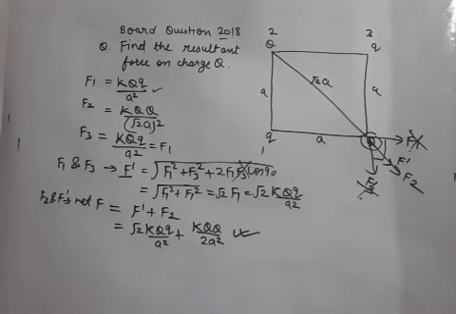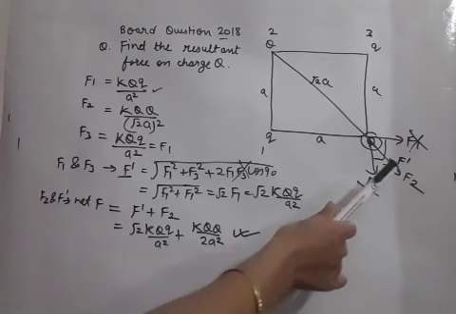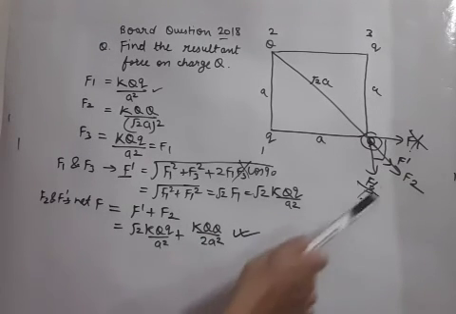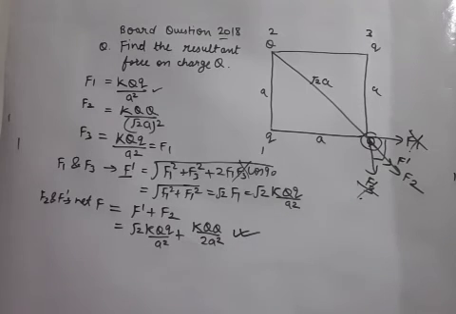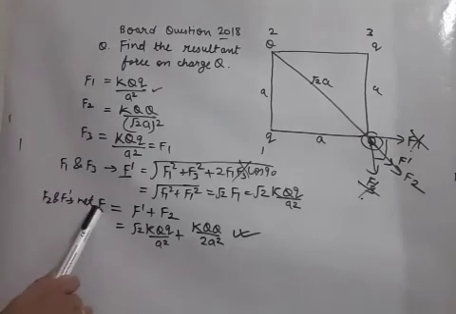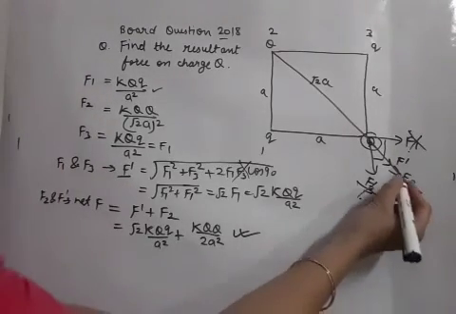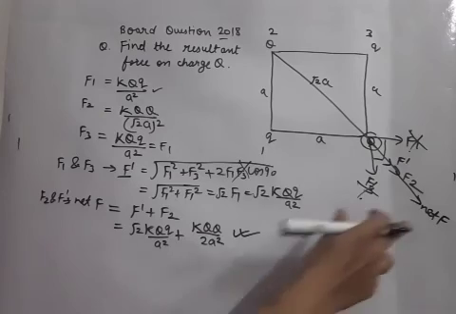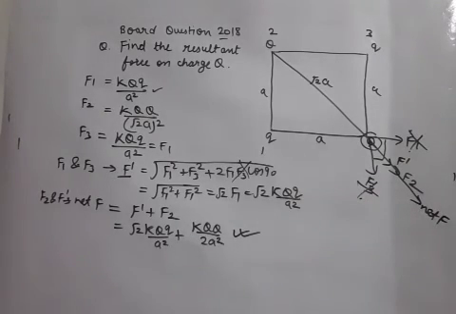Now the last thing remaining is the direction of net force. It's very simple. Whatever is the direction of F dash and F2, they were along the same line, so the same is the direction of their resultant. This net force is along the same line. But we have to specify this direction.